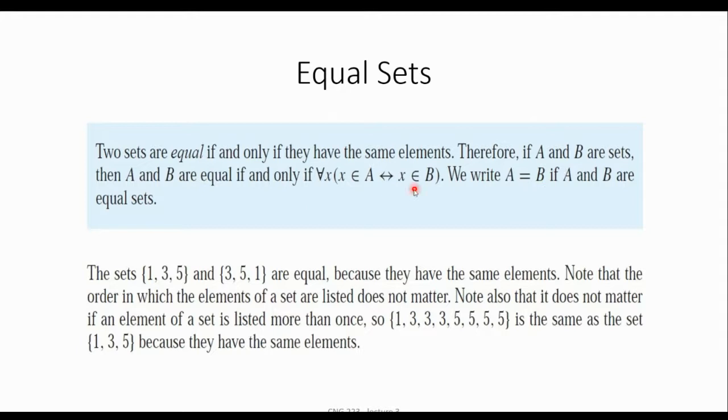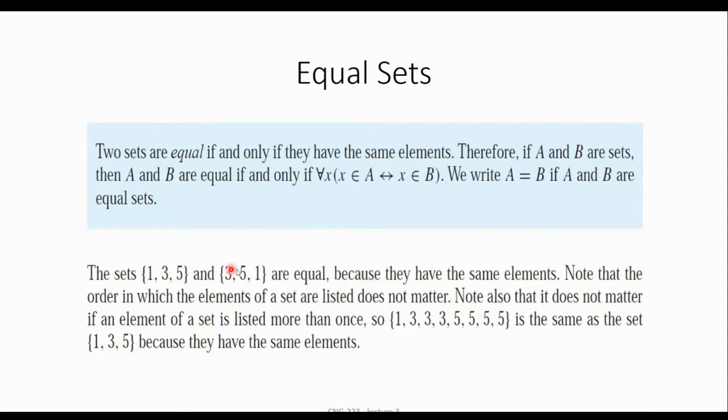So in that scenario, we write A is equal to B as two equal sets. Let me show you one example, like these two. These two are exactly equal because order doesn't matter in sets. And if order matters, we show them by tuples, and later we talk about it.